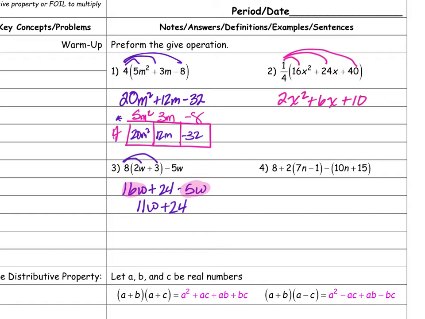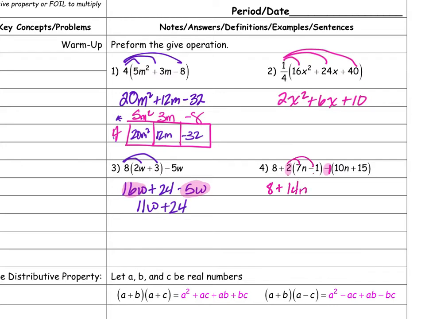And then for number 4, I'm going to distribute twice because there's 2 sets of parentheses. The first thing I'm going to distribute is 2, and the second thing is negative 1, even though there's not a 1 there. If there's a negative by itself, there's a 1. So I'm going to distribute 2 first. So I've got 8 still by itself. 2 times 7n is 14n.